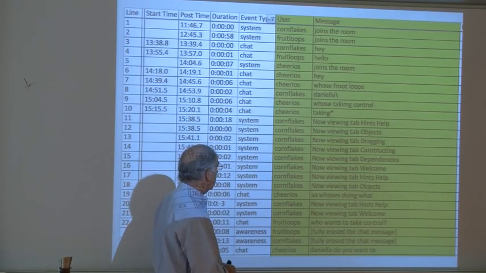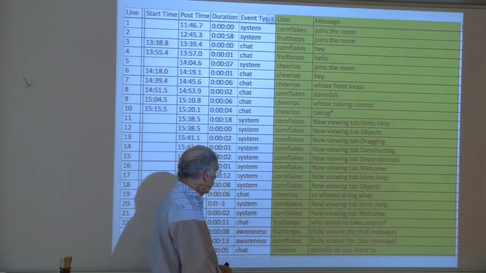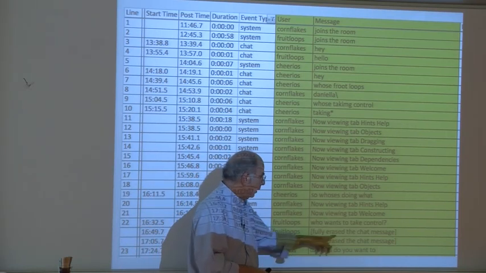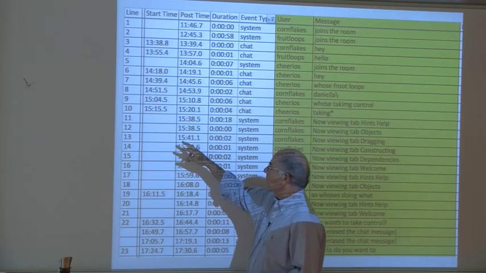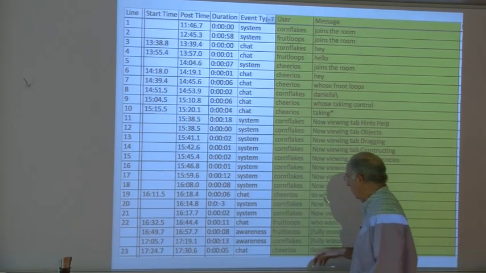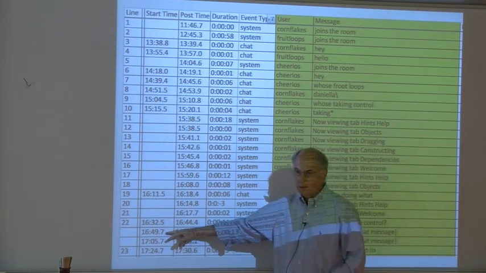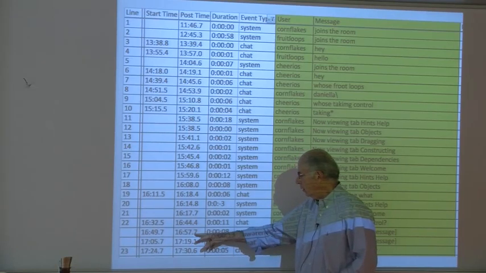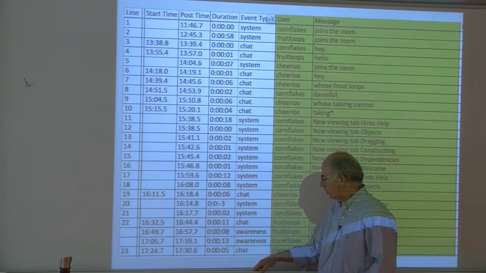It also includes an awareness feature that Fruit Loops here fully erased the chat message. So you can see here what time Fruit Loops started typing in the chat and when she finished, and that she was typing for seconds.